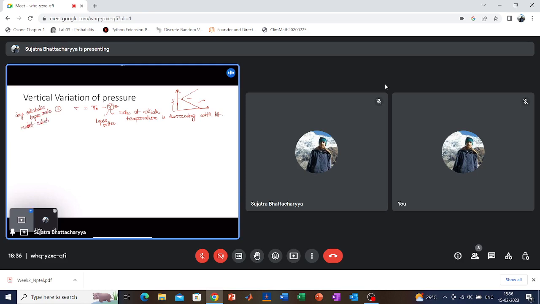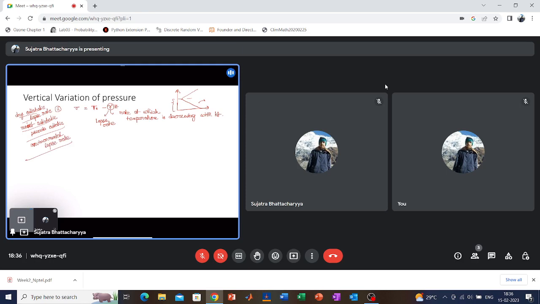Then pseudo adiabatic lapse rate. In fact, environmental lapse rate is also present. So there are many lapse rates. I will not discuss it right now. I will discuss whenever it is required in the course.